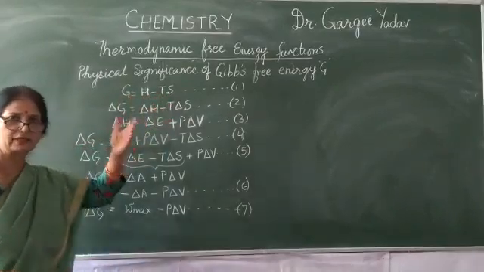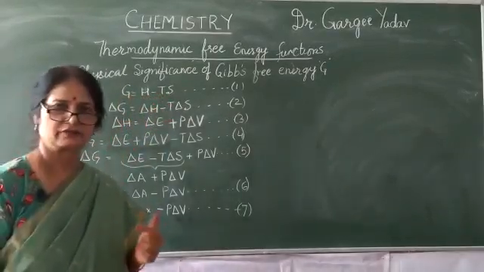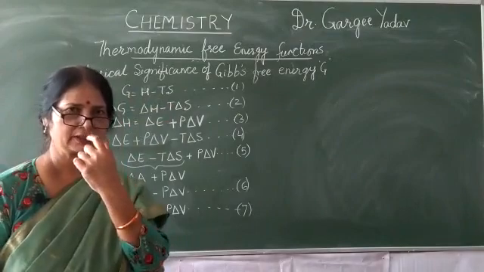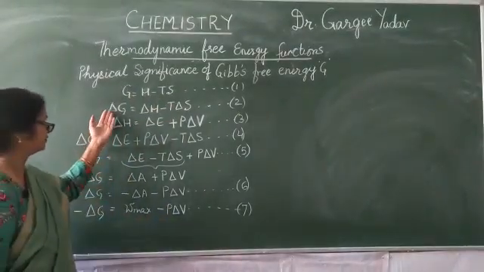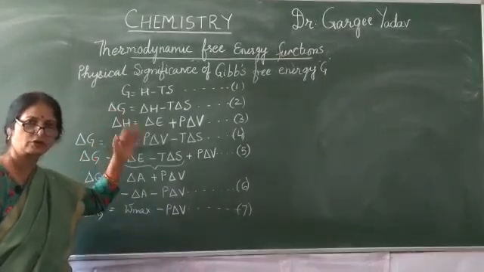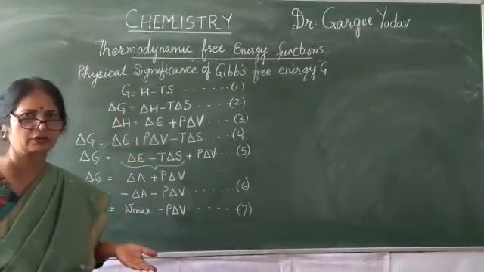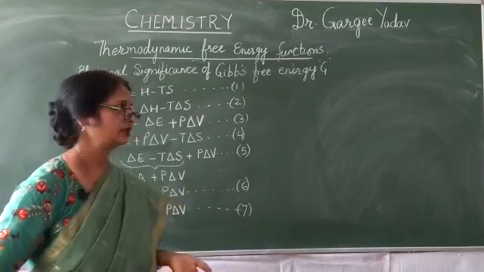In a similar way, like we have done for the initial and final states for the Helmholtz free energy function, we have arrived at this change in the free energy. I am not repeating it because I have just now done it for the Helmholtz free energy function.